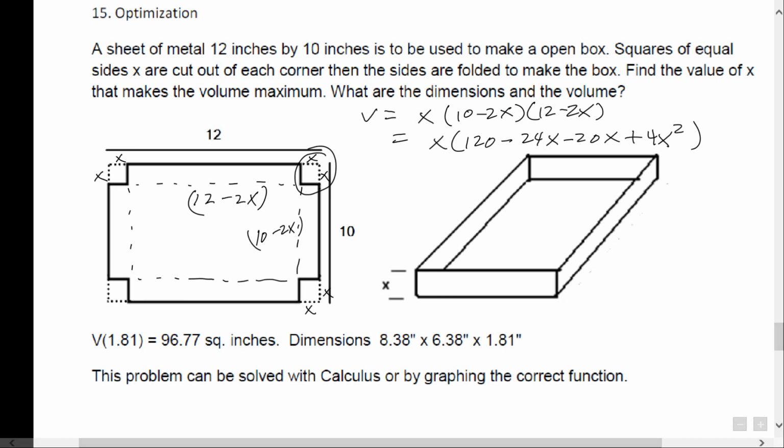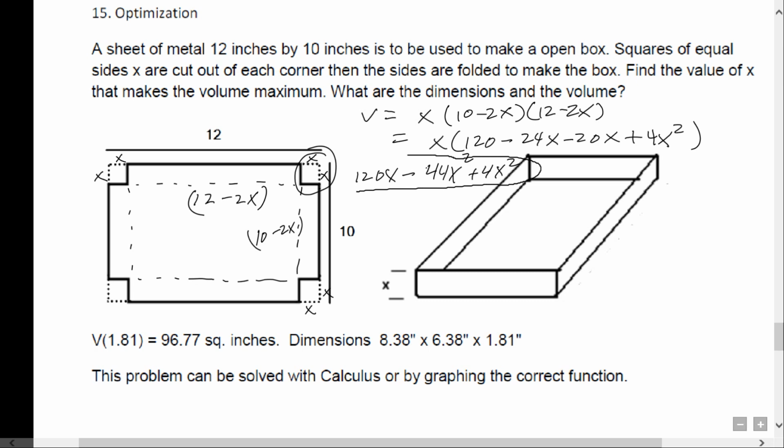And after you multiply all this out, you get 120x minus 44x squared plus 4x cubed is the volume.